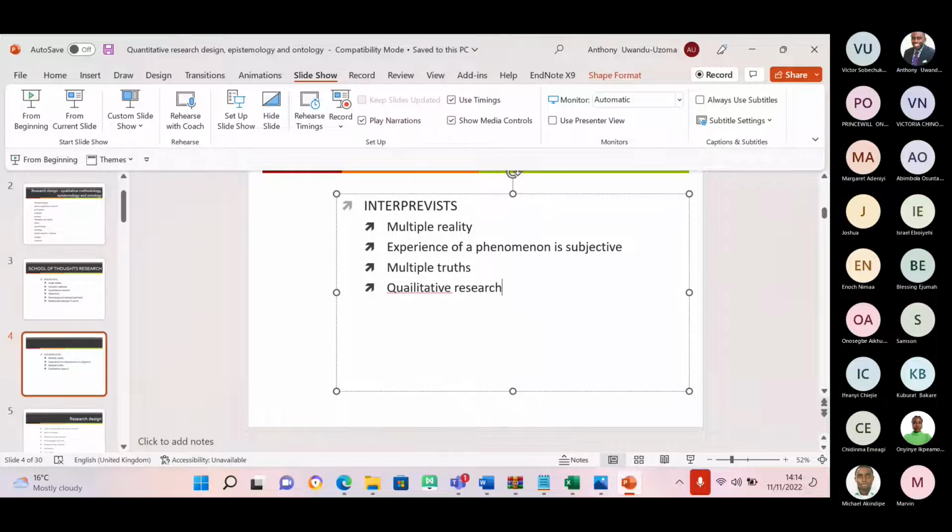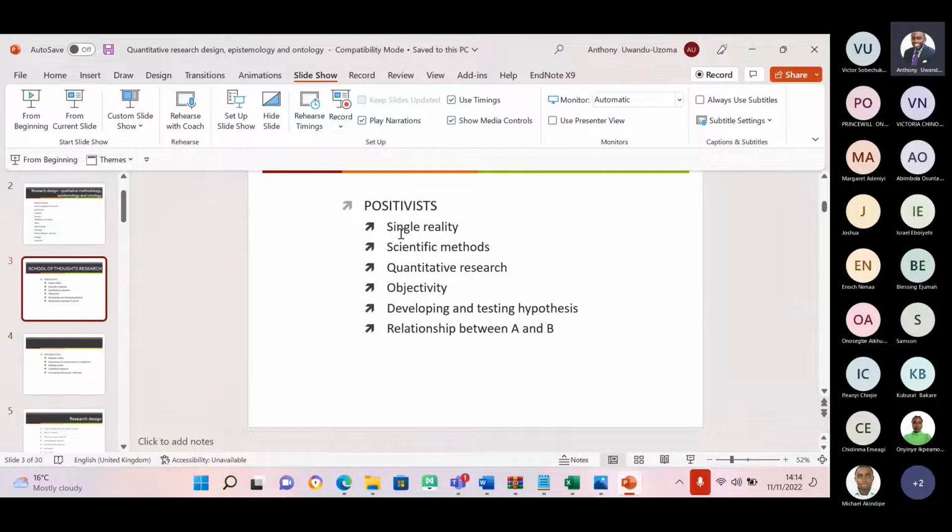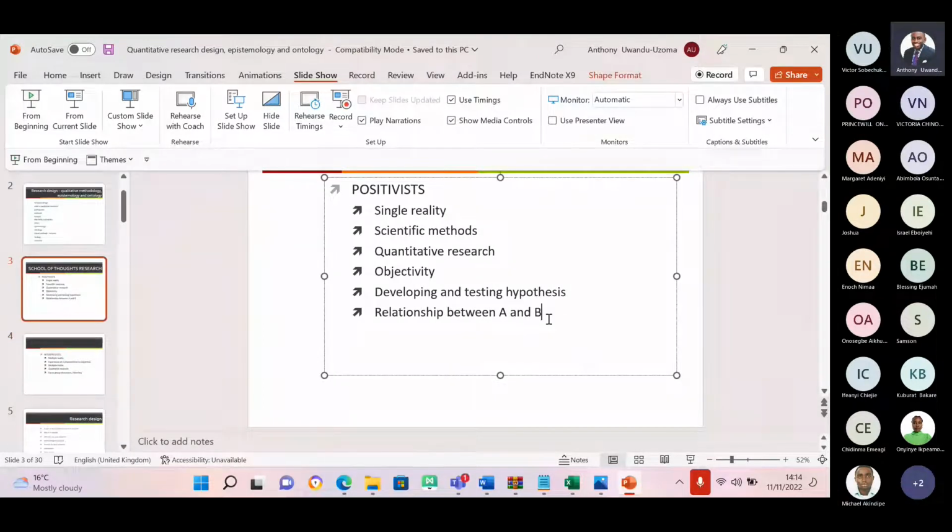So how do they collect their data? If you are doing qualitative research, you are collecting your data using focus group discussions. They use interviews, individual and group interviews. While the positivists, how do they collect their data?